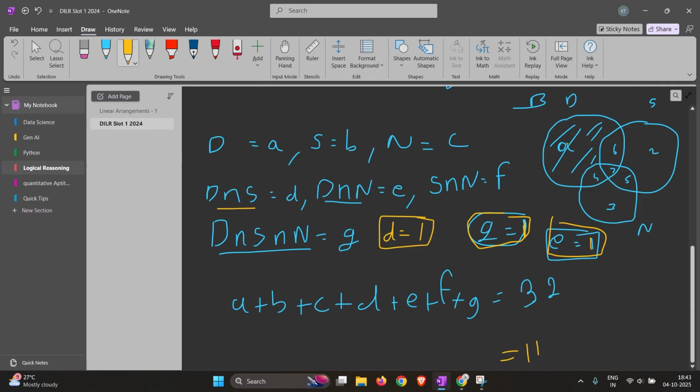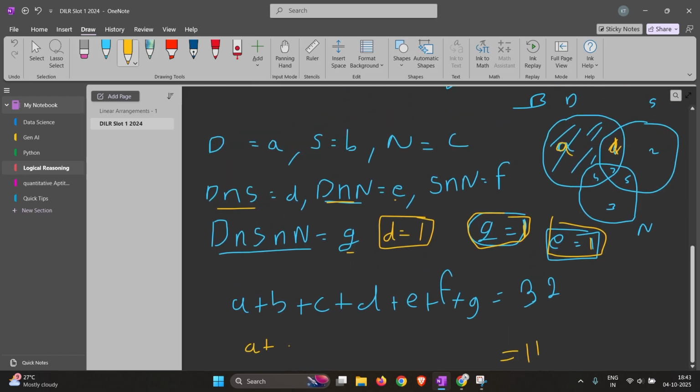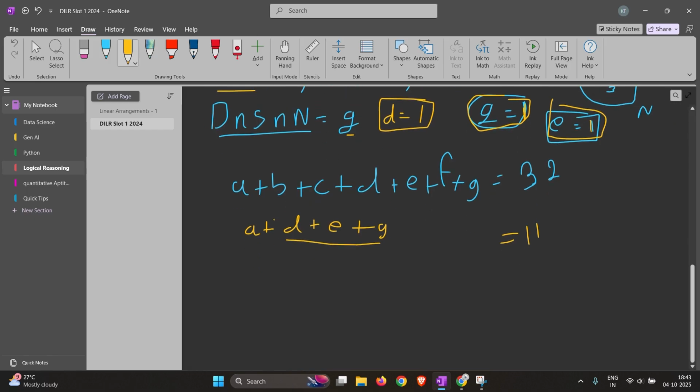This part over here is A, Dheeraj and Samantha's intersection is D, and the intersection of Dheeraj and Nitish is E, and all of them G. So this would be A plus D plus E plus G, and all these countries equal 11. Since we know that D, E and G are each 1, A plus 3 equals 11. So A equals 8.